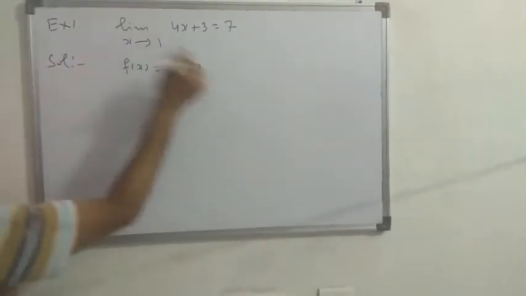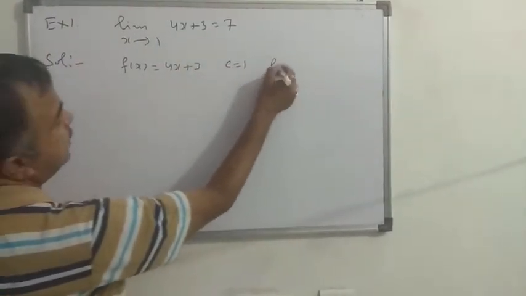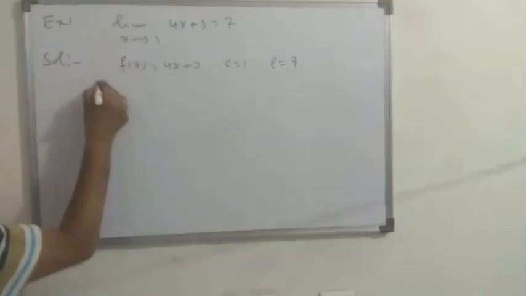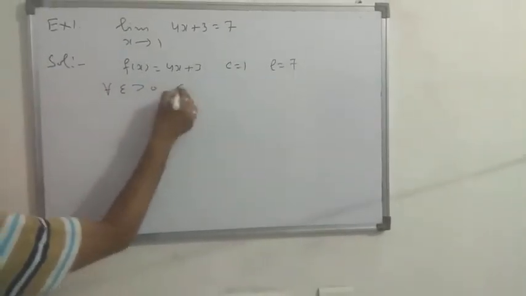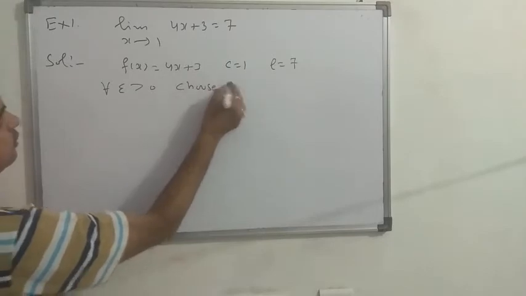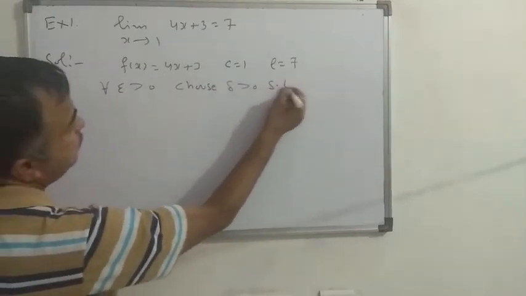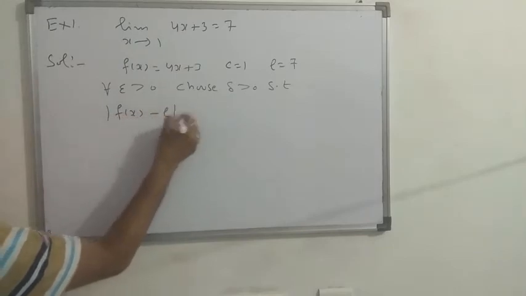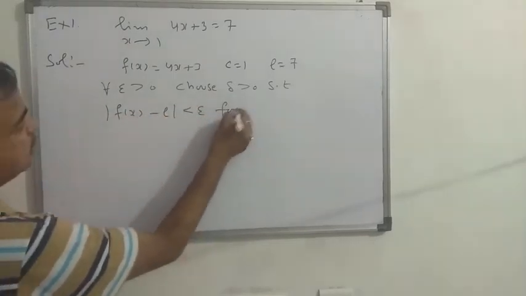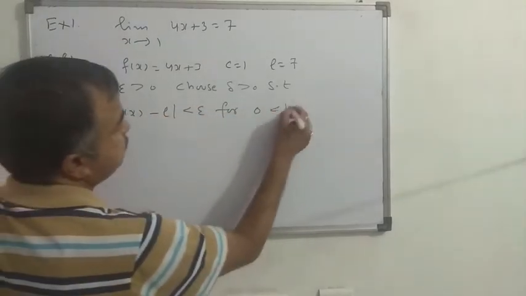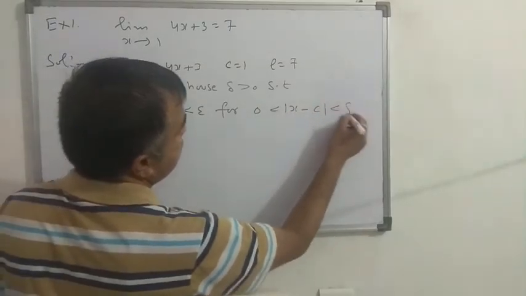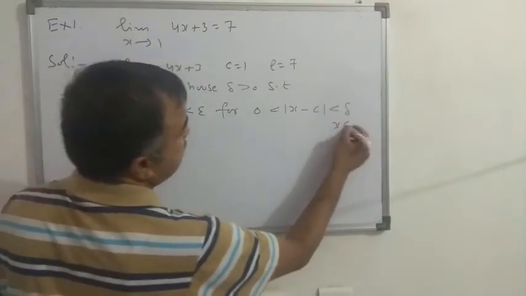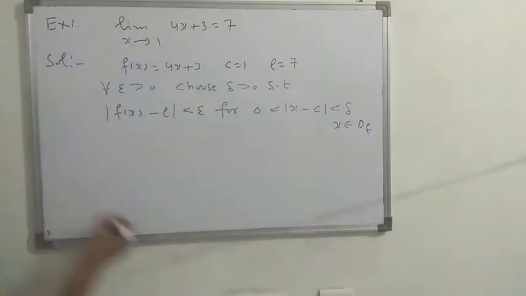What is c? 1. And what is L? 7. So by definition, for all epsilon positive, choose delta positive such that modulus of f(x) minus L is less than epsilon for x belongs to the domain of f.